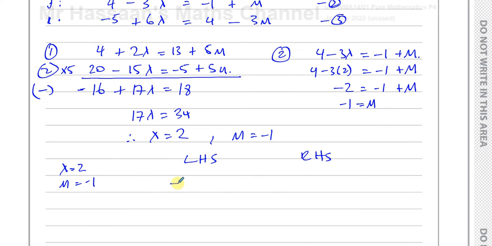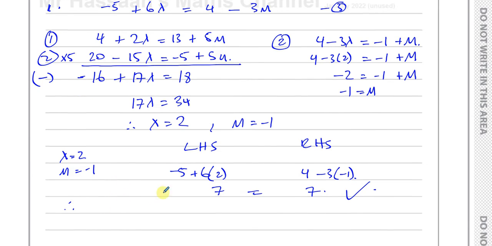We have minus 5 plus 6 times 2, and this side we have 4 minus 3 times negative 1. That's minus 5 plus 12, which is 7, and 4 plus 3, which is 7. So we can say that they're both equal.